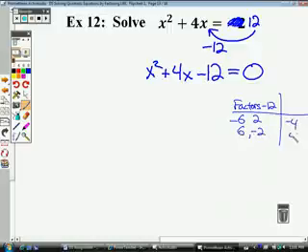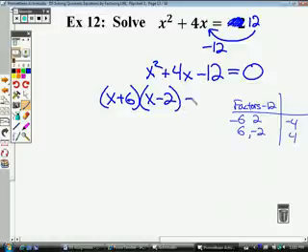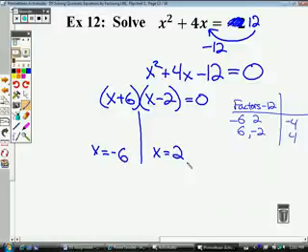This makes negative 4, this makes 4. And I want it to be positive, so it's got to be that one right there. Okay, so to split your problem, the left side will be negative 6, and the right side will be positive 2.